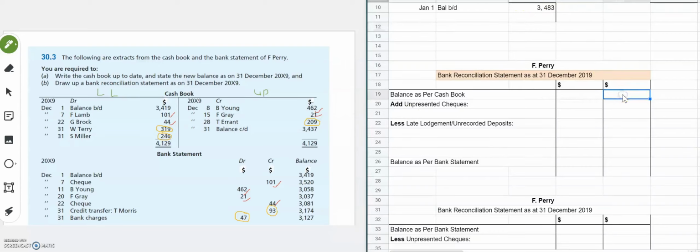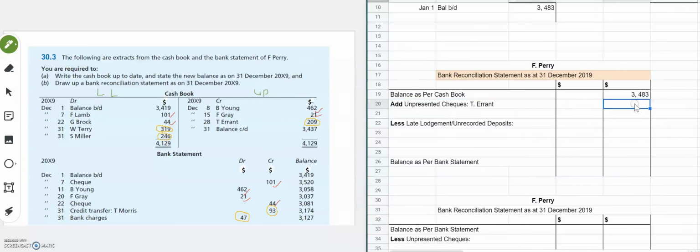So that figure would be $3,483. Now the unpresented checks, as I said, can be found on the credit side because it is checks that we paid out to suppliers or other individuals. So this amount would be 209 from T earned, sorry.